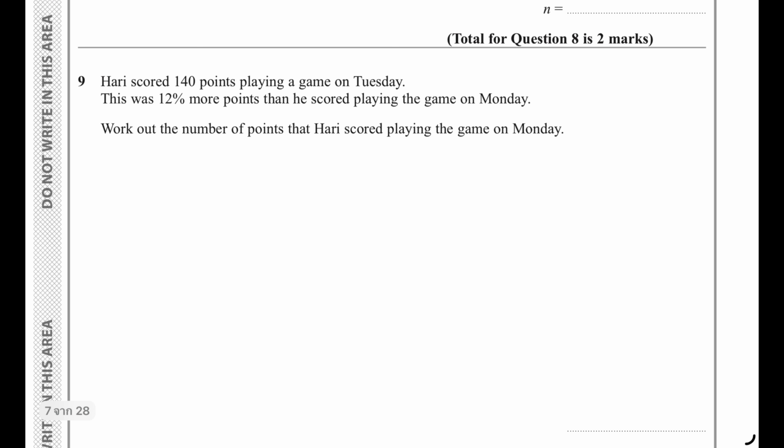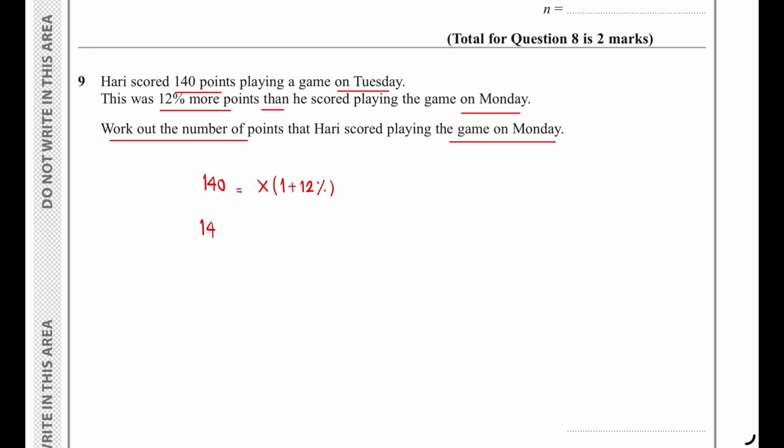Question 9. Harry scored 140 points playing a game on Tuesday. This was 12% more points than he scored playing the game on Monday. So work out the number of points that Harry scored playing the game on Monday. So we have 140 equal to the number of points on Monday, let's say this x, times 1 plus 12%.